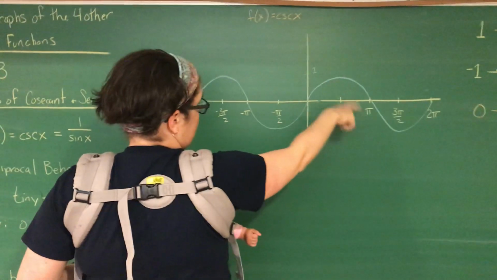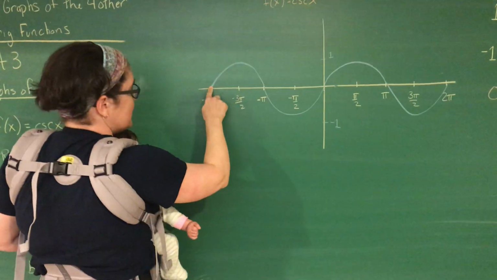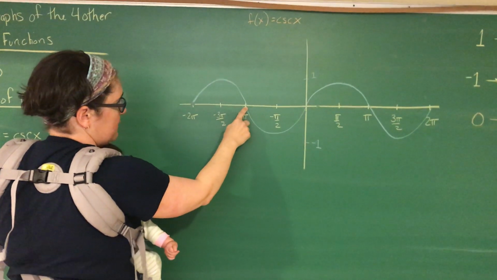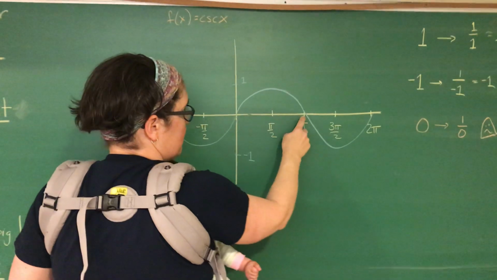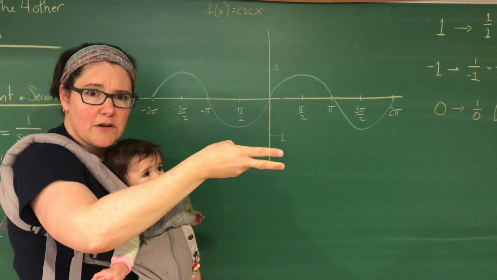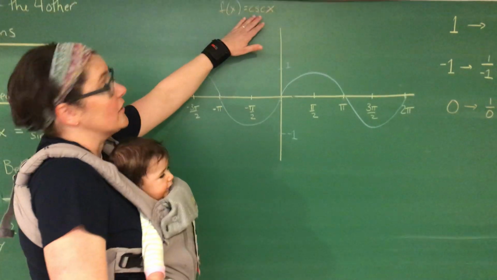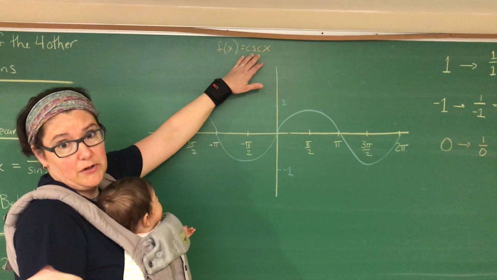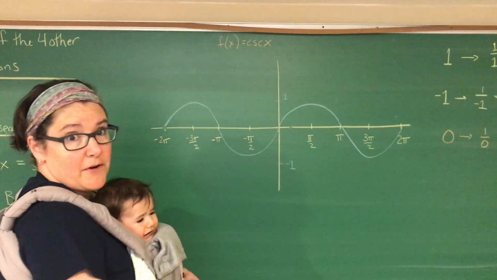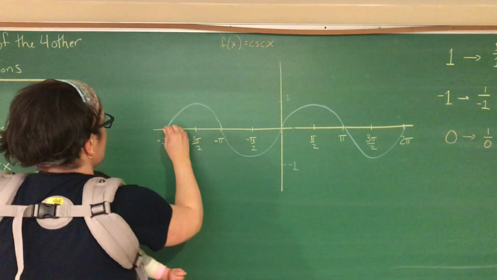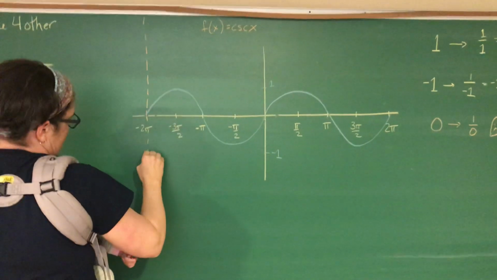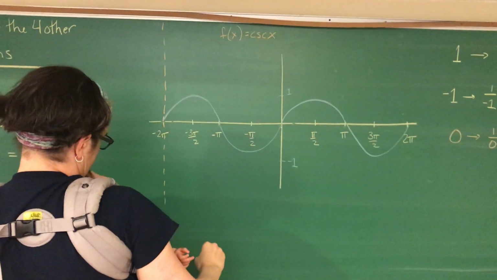Here we have our sine function, and our sine function is 0 at negative 2 pi, negative pi, 0, pi, and 2 pi. So when we look at the reciprocal of 0, our cosecant graph, which is our reciprocal, is going to be undefined. So we are going to have a vertical asymptote every time the sine function is 0.